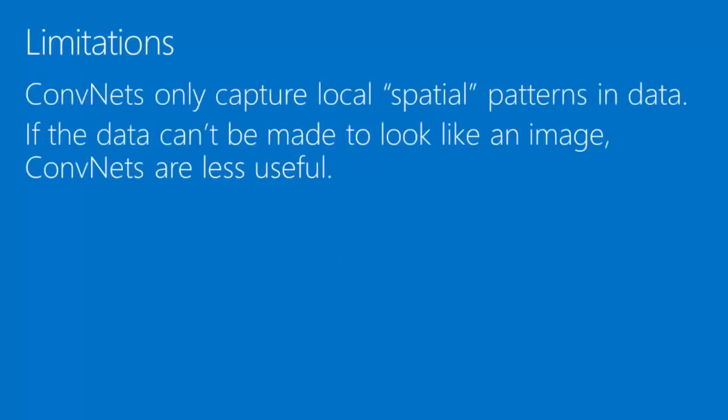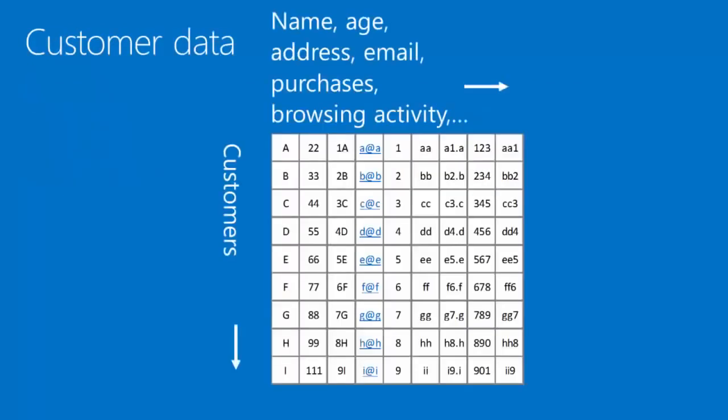Now, the other side of this limitation of convolutional neural networks is that they're really designed to capture local spatial patterns. Spatial in the sense of things that are next to each other matter quite a bit. So if the data can't be made to look like an image, then they're not as useful. An example of this is some customer data.